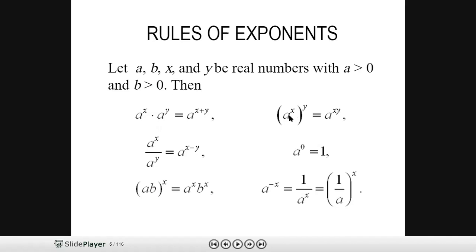And this rule is called the power of a power rule. When there is an exponential function having a whole power, the powers x and y are multiplied with each other.